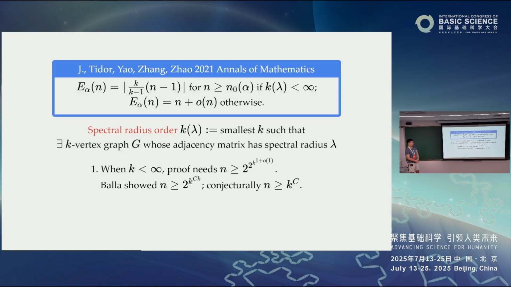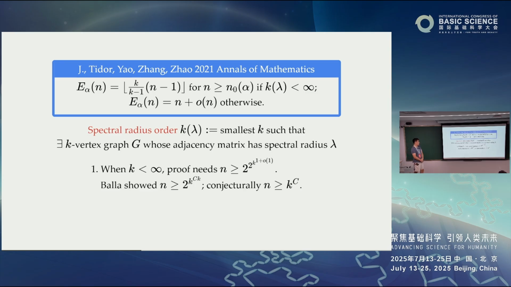It's about 2 to the 2 to the k to the 1 plus little o of 1, and pretty large. Mainly the reason is that in our proof, we use Ramsey theorem, which is not really effective for the purpose of lowering the threshold in the dimension.